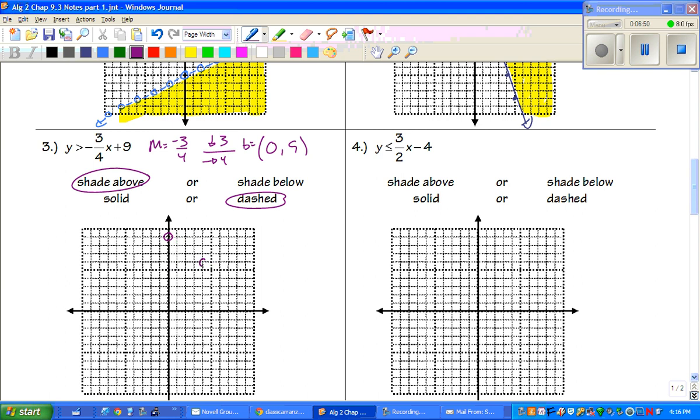I go down 3 over 4, down 3 over 4. And then I just make sure that that is a dashed line, and I shade everything that is above.